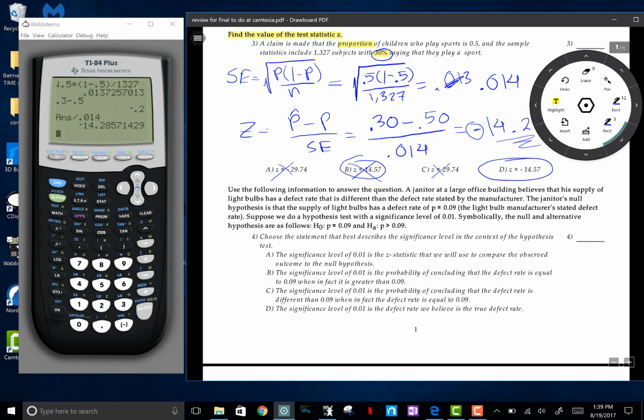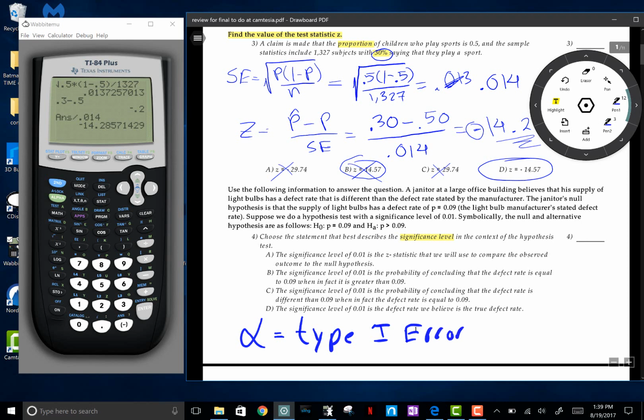So for this one, they wanted to describe the significance level. So it's kind of significant if we know what the significance level represents. So the significance level could also be represented as alpha, and it also could represent a type 1 error.